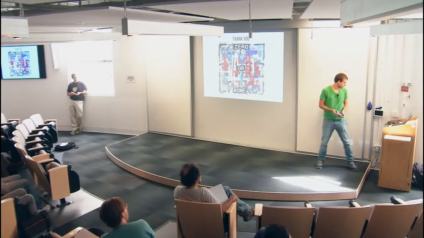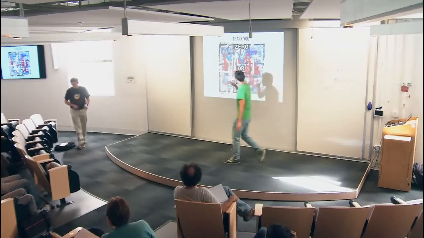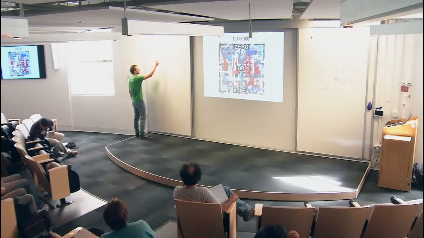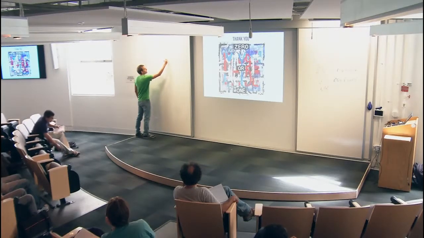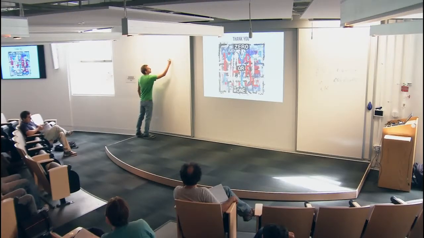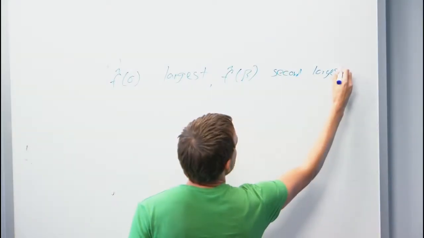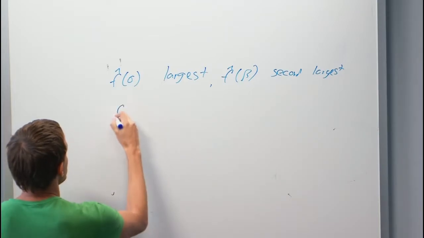Yeah, let's just do it on the board. So we had this assumption that f hat of 0 is the largest and f hat of beta is the second largest, and we also assume they have the same sign.